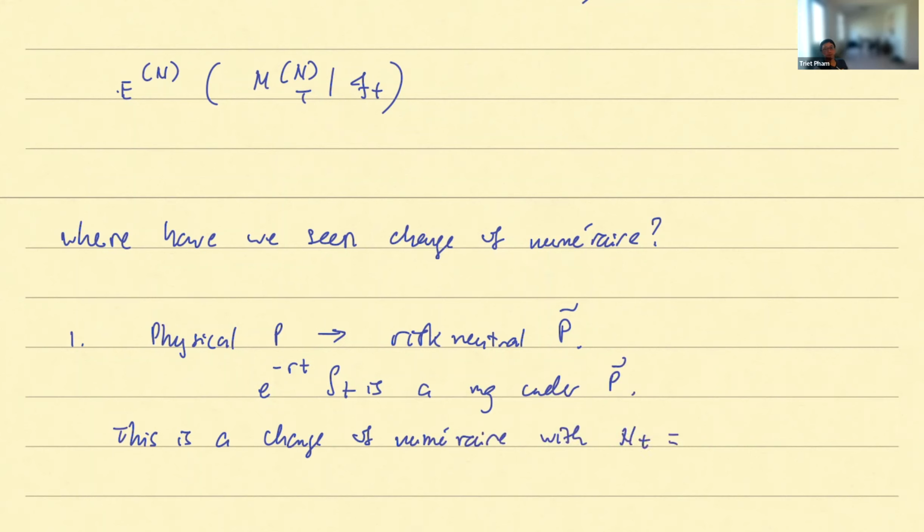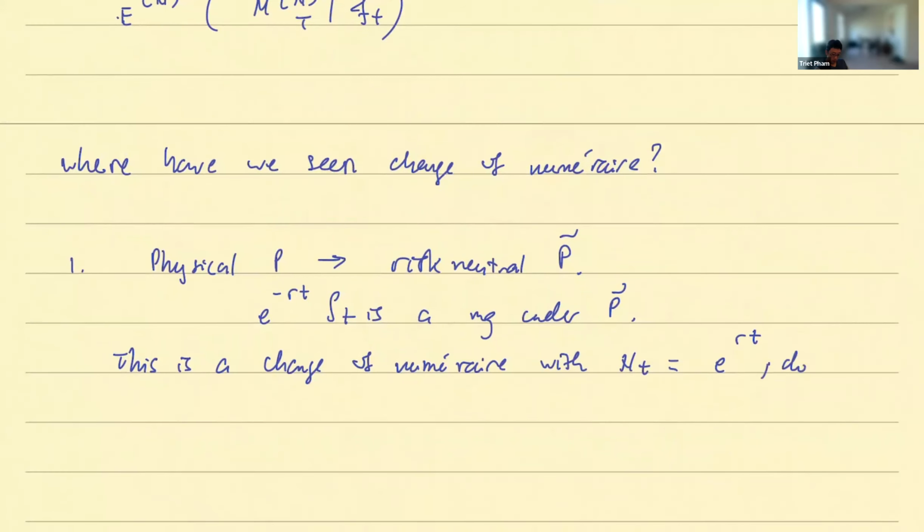What's NT? All right. So in fact, when you move from physical to risk neutral probability, this is our domestic money market.